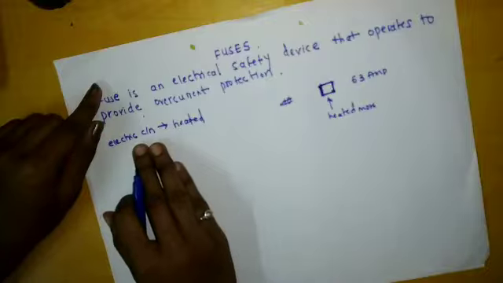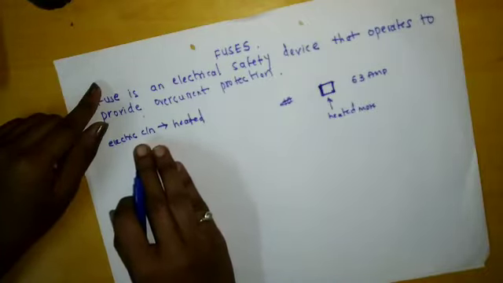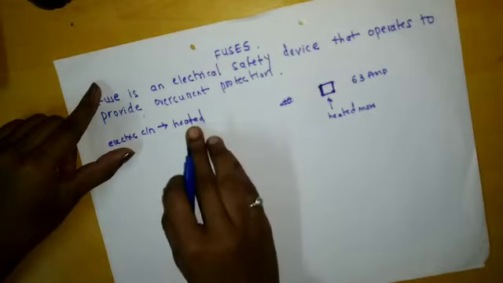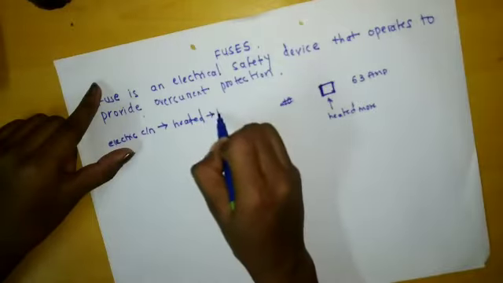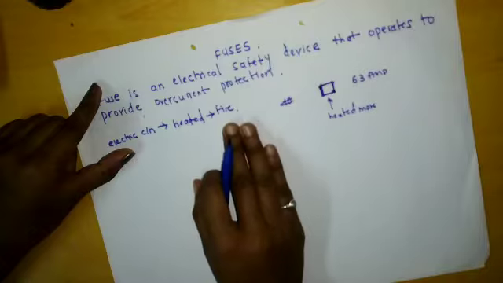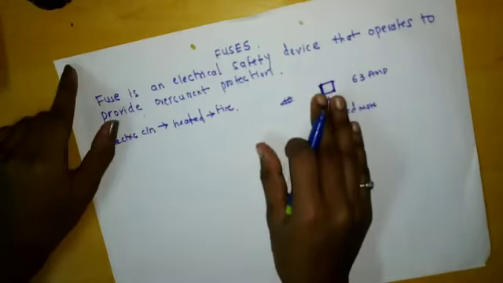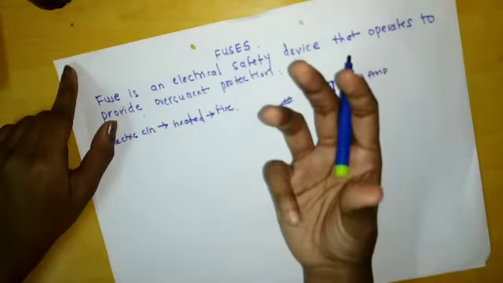So if the high amount of current gets into our appliance or object, then the heating process will be more, and due to this more heating, it may catch fire and our appliance or any object may get damaged.